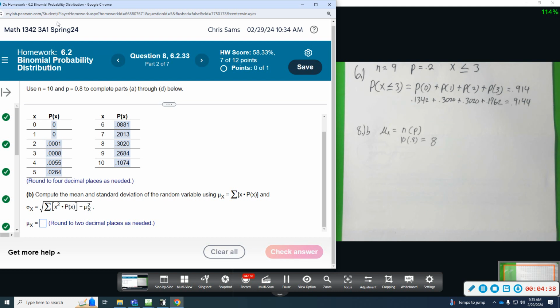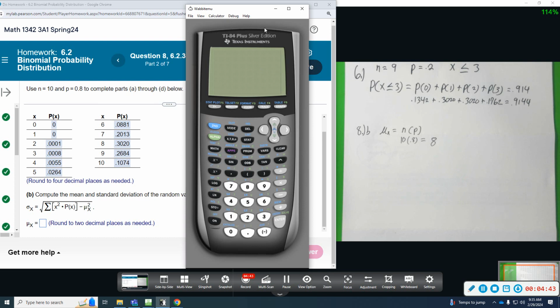Now let's do it with the calculator, and I'll type in all of these. Let's just type it all in. We have to multiply each value by its probability.